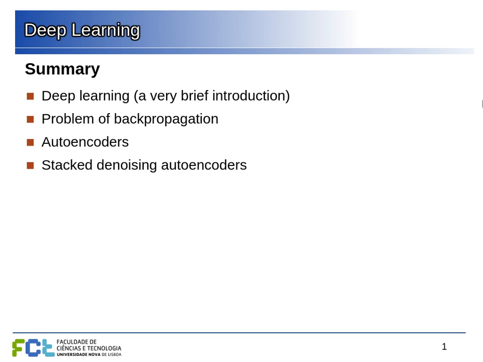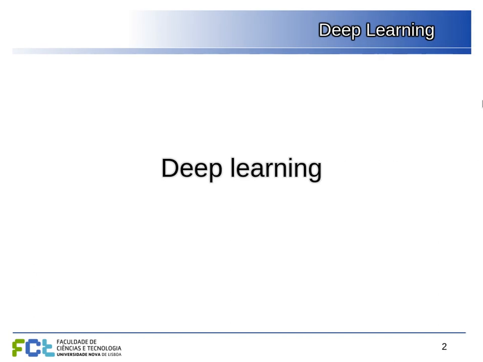And we're going to see this idea of stacking denoising autoencoders to build deeper networks, although currently with deep learning this is no longer very used. There are other approaches. But the interesting part about the autoencoders is mostly the unsupervised learning.